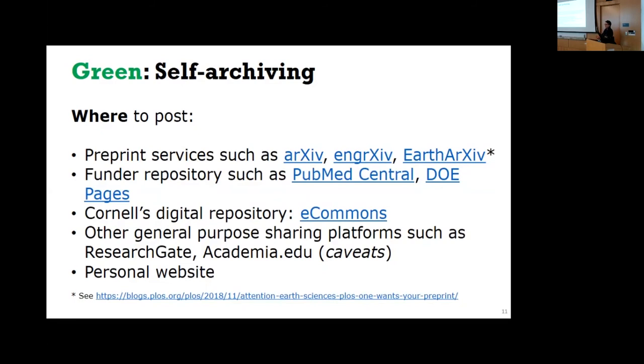And then again, think about the terms and think about the services that they offer. So if you're concerned about the longevity of your work, is this a preservation-friendly environment? A personal website is probably not a good long-term strategy for sharing your work. It's a good short-term strategy. So what are the services associated with each of these platforms and which ones matter to you?